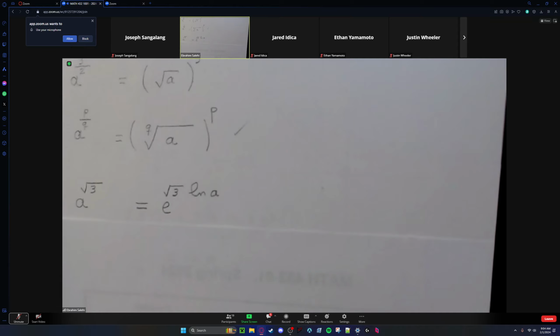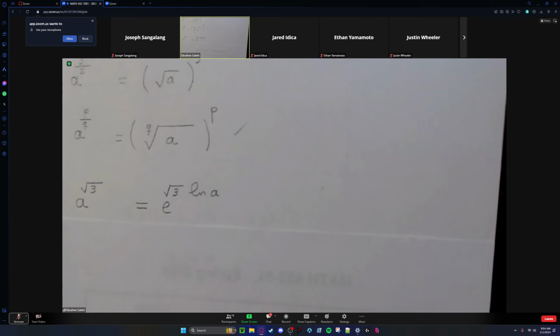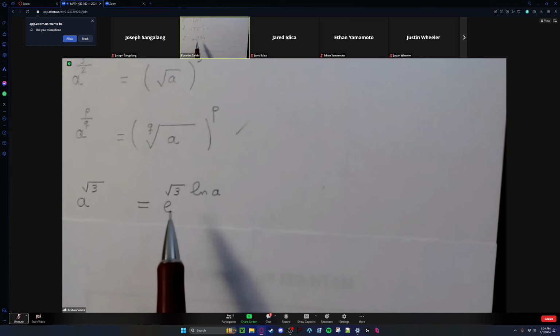So the generalization of the powers could not be achieved without knowledge of exponential function. So that is the significance of exponential function.